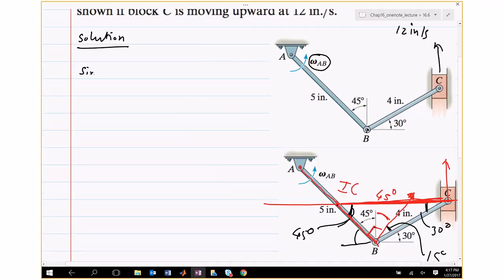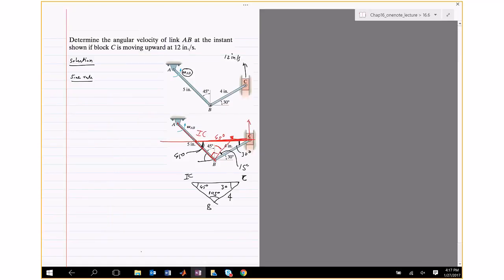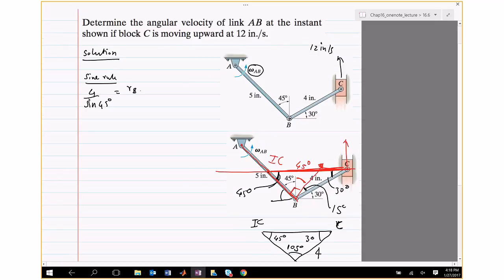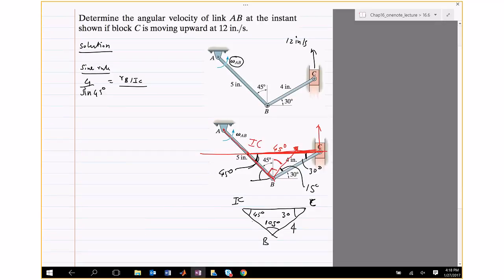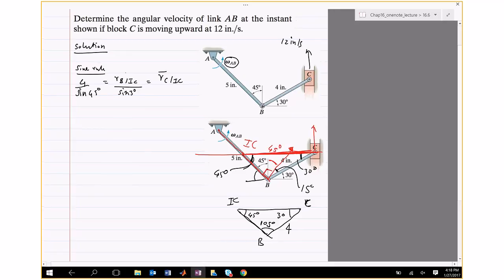The sine rule says that 4 divided by the angle opposite the side, so 4 divided by sine 45, should be equal to the length RB with respect to IC divided by the angle opposite this side, so sine 30 degrees, which should be equal to RC with respect to IC, which is this side, divided by sine of 105 degrees.